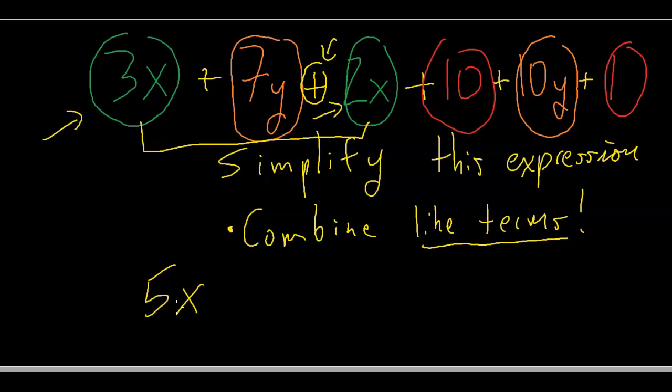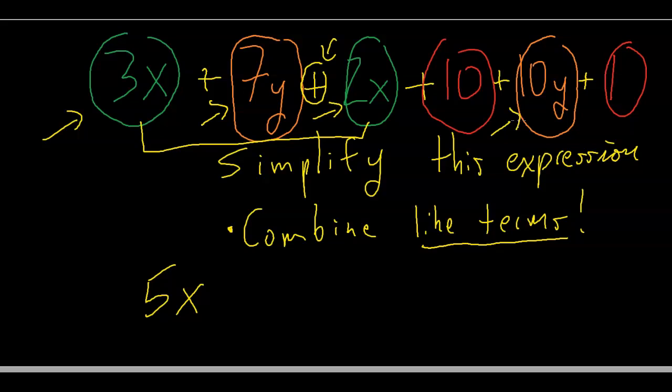All right, so we've taken care of all of our x's. Let's look at our other variable, y. We have two y terms here, right? We have a 7y, and there's a plus sign in front of it. That means this is a term of positive 7y. And then over a couple terms to the right, we have this plus 10y. Those are our only two y terms, so we can combine them by putting them together.